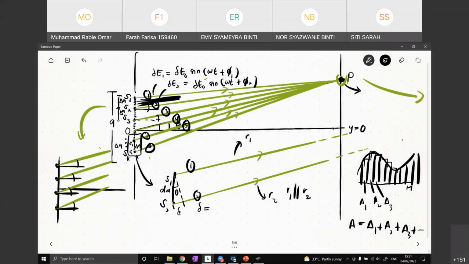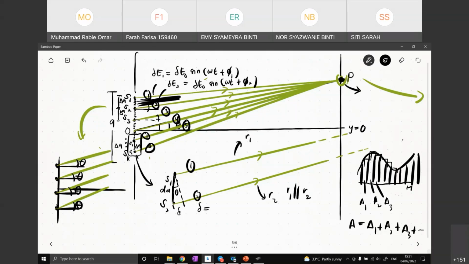But since the screen is way farther, since the screen is far away from the slit here, I would say the angle here is approximately the same as this. And the angle here is approximately the same as this guy. This guy is also approximately the same as this, because my distance from here to here is large. So I can assume this.